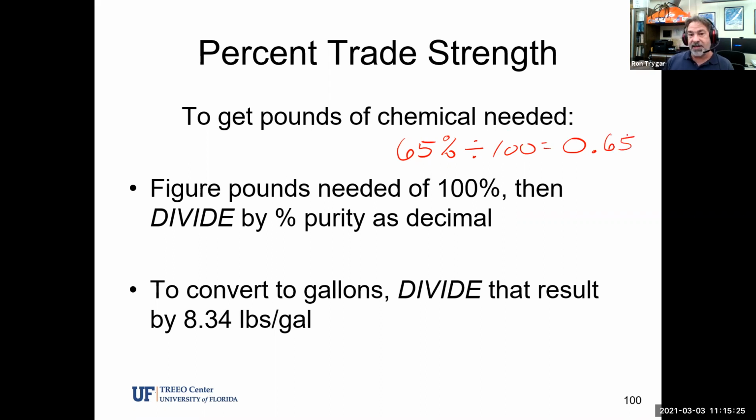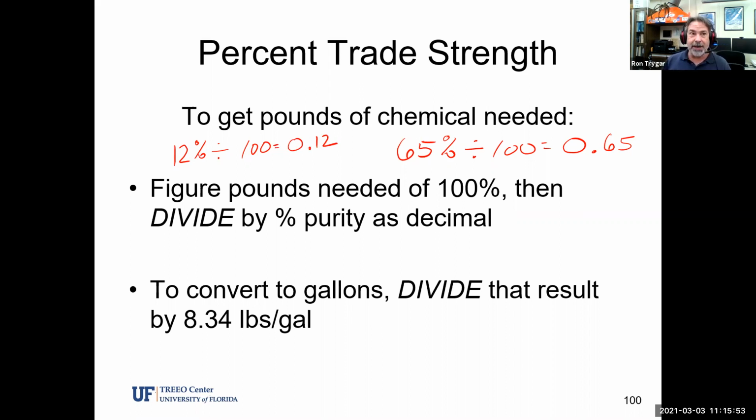The decimal point appears 2 places over, and that's the decimal equivalent for 65%. If you had 12% bleach that you're using, it's the same formula: 12 divided by 100 gives us an answer of 0.12. So those are decimal equivalents.